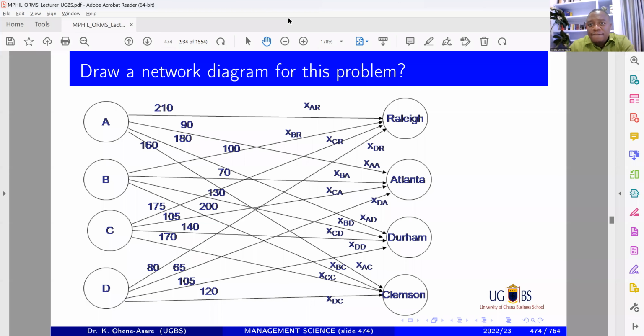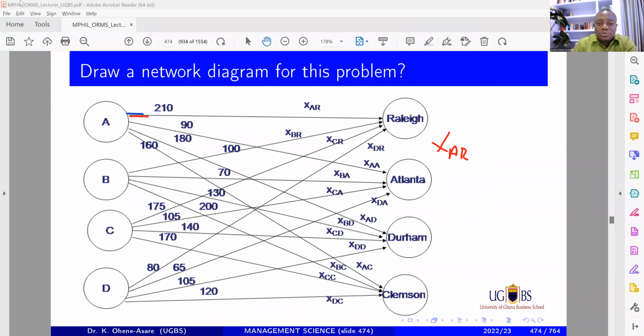Because if you can do A for me, you can do all the rest. Who can do A? A constraint. Look at the arcs that are leaving A. Always look at the arcs that are leaving. The first arc leaving A is XAR.